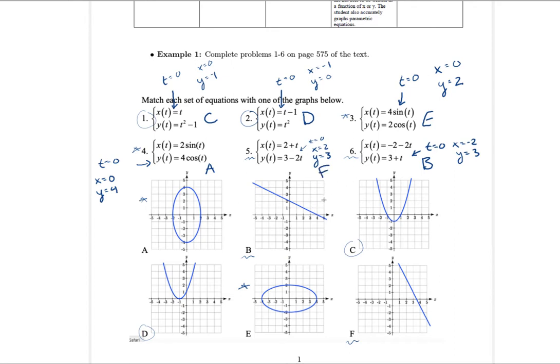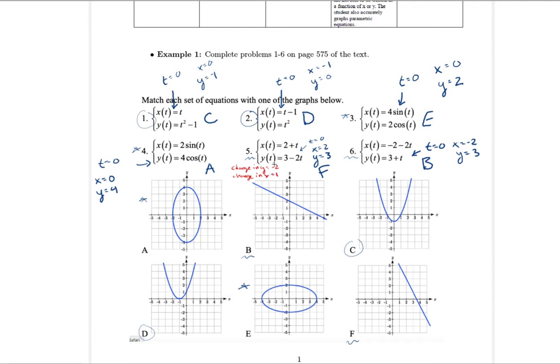For these last two, though, there's also another way that you could tell. Notice that in number 5, the change in y every time t changes is equal to -2, and the change in x is 1. I'm taking that from the coefficient in front of the t.